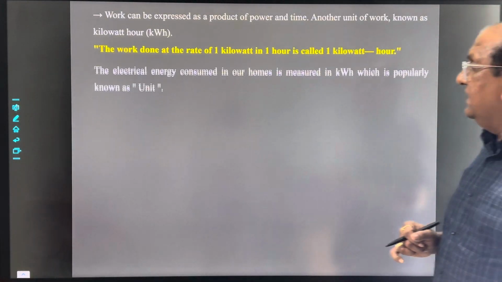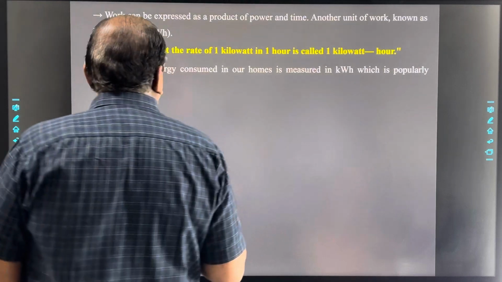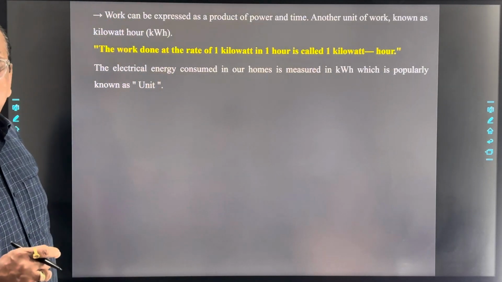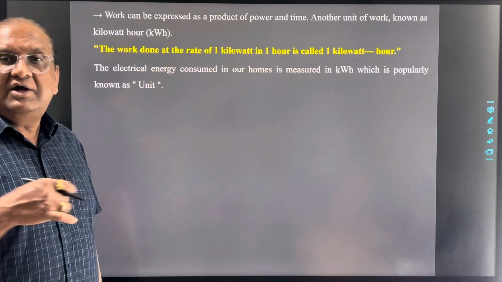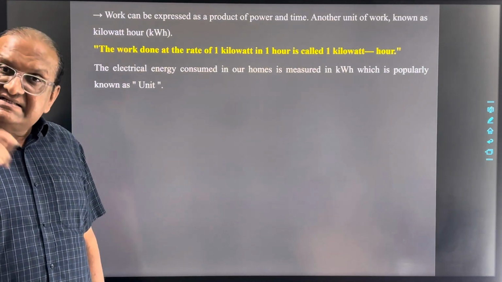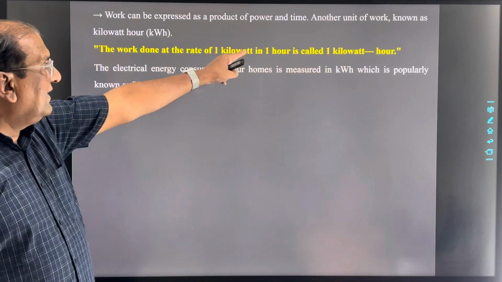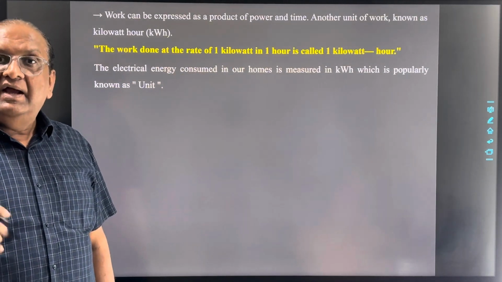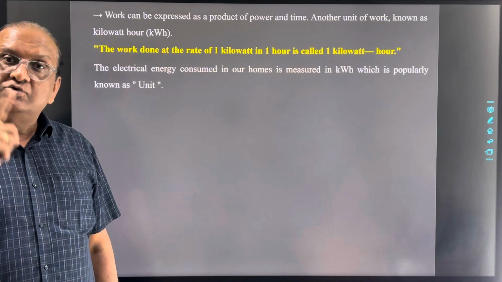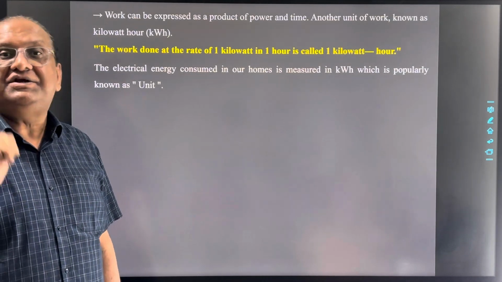Now see here, the electrical energy consumed in our homes, in our day-to-day life, is represented by this particular unit, 1 kilowatt hour. And 1 kilowatt hour is known as 1 unit.